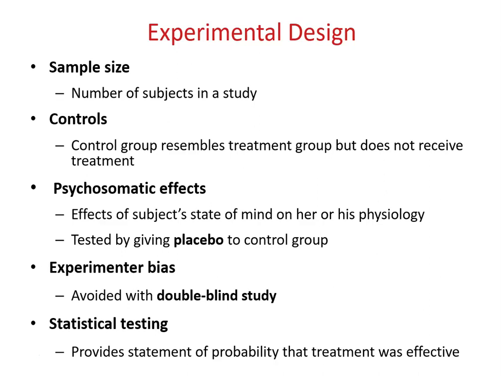Now we're going to move into talking about experimental design, how we can plan a good experiment that will allow us to draw meaningful conclusions at the end of our research. The first thing that we need to consider is our sample size, or the number of subjects that we're involving in the research process. So the first reason that we need to consider sample size is to control for the random variation between individuals.